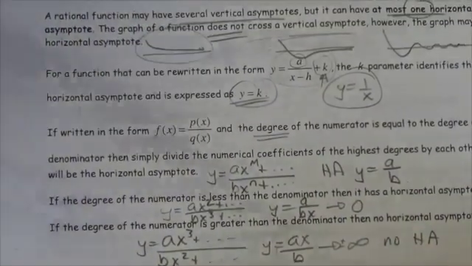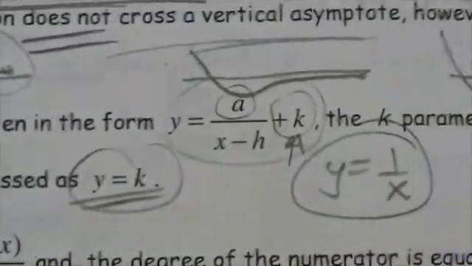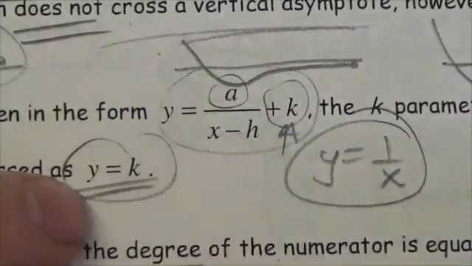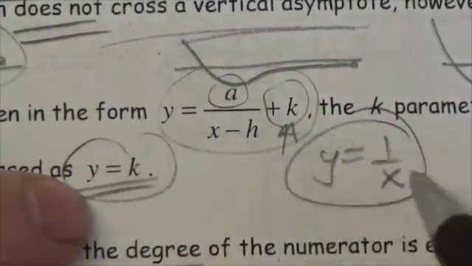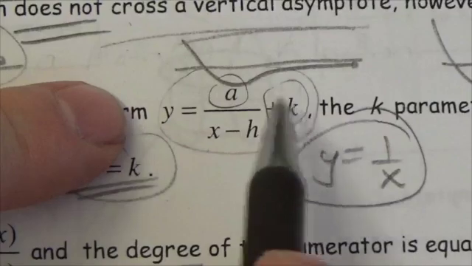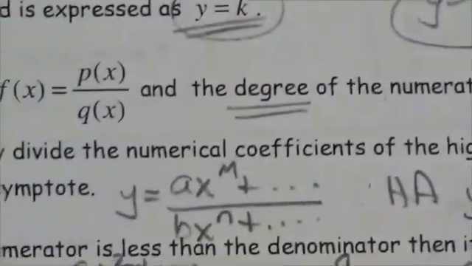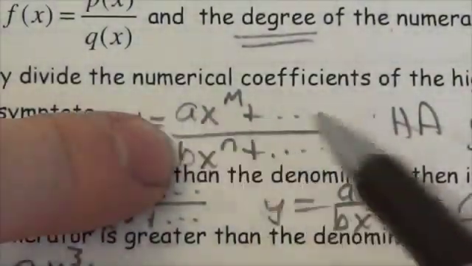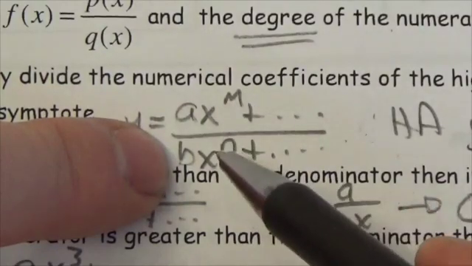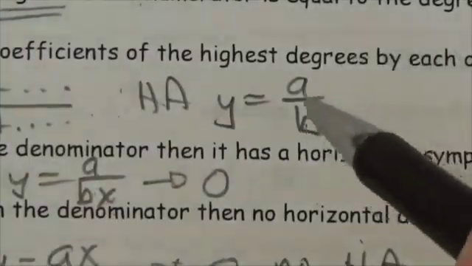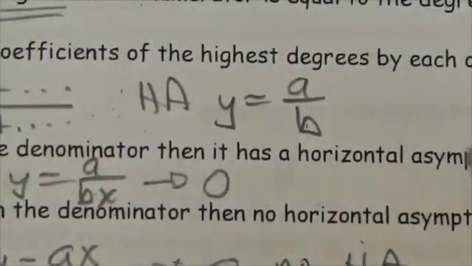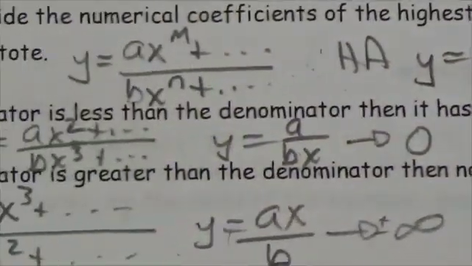So it's either going to look like this, where it's just a transformation of your basic rational function, in which case you're going to look for the vertical translation. Or, if you've got poly over poly and the degrees are the same, then it's just the ratio of those first two numbers. Don't care what else happens in there, it's just those first two numbers.